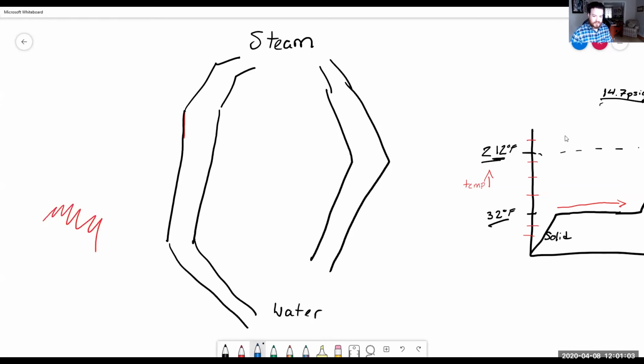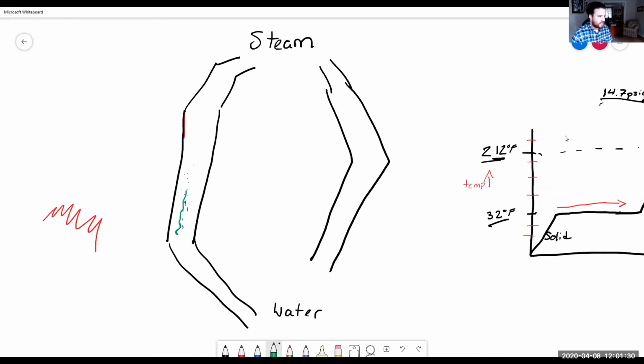Inside of these tubes, you have water molecules, and it's a liquid all in here. But you also have a mixture of steam inside. You're going to have one molecule of water all of a sudden just turn into steam. And steam is going to rise up rapidly through it.